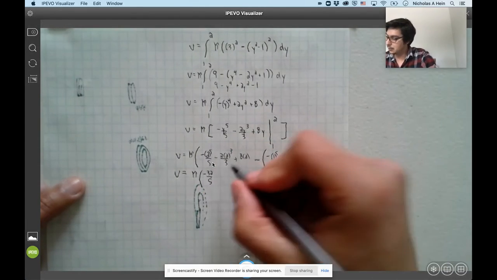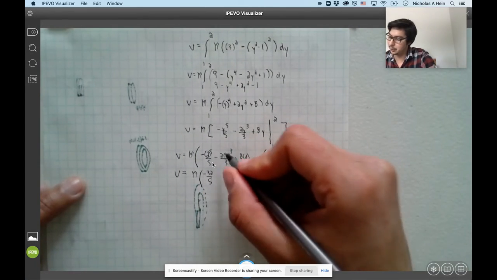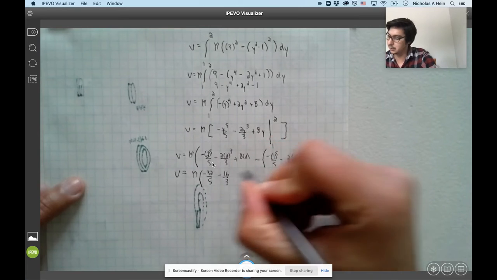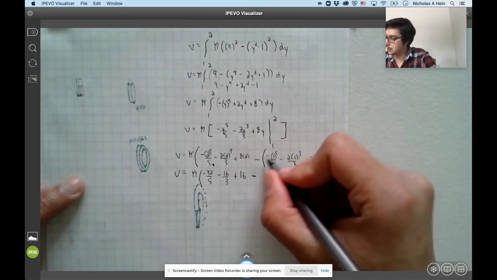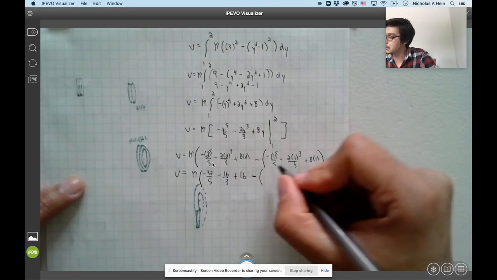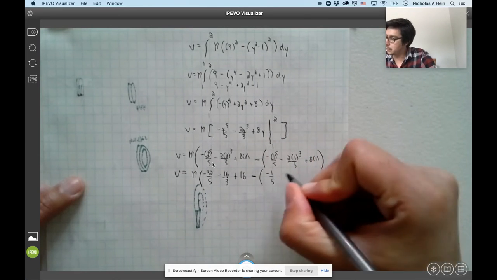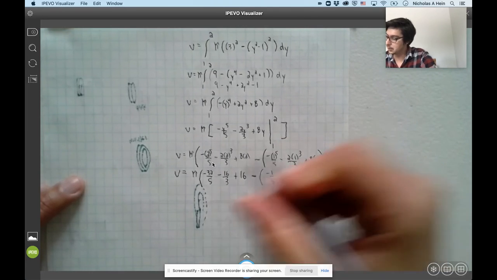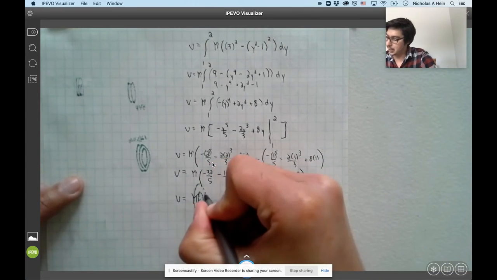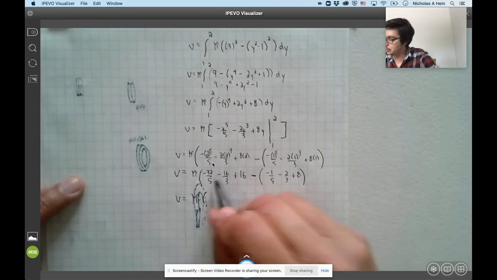And then this one would make 8 times 2 is 16, minus 16 thirds, plus 16, minus, well, let's see, keep it minus for now. That would make negative 1/5. That would make minus 2 thirds, plus 8. Combining all of that, we get pi times negative 32 fifths.